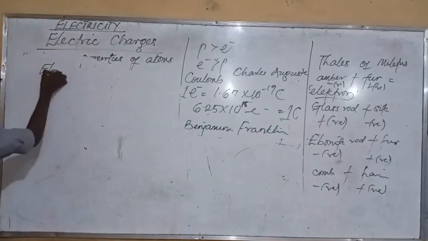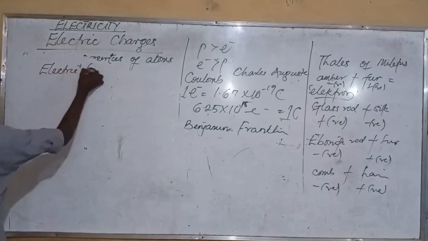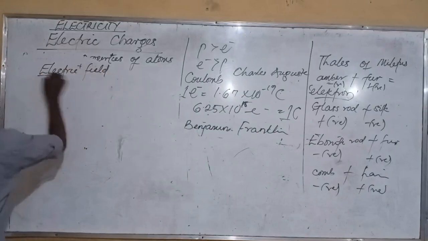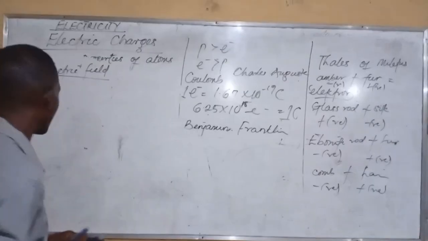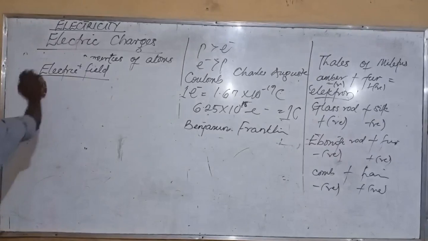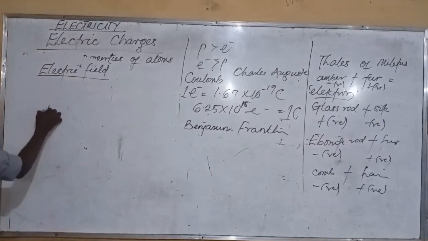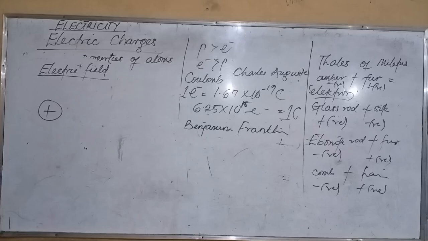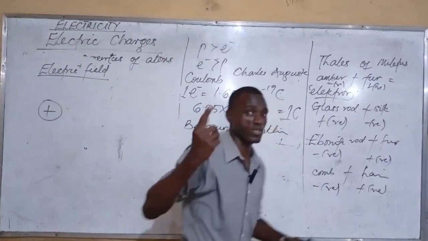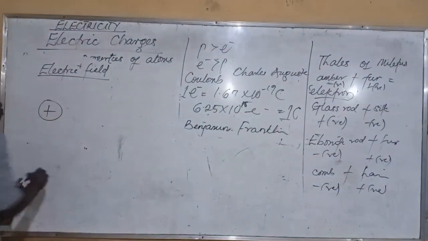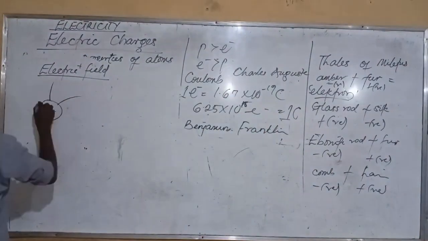The electric field. A point positive charge, for example, is going to have an electric field surrounding it. Since we said that a positive charge wasn't discovered to be the one attracting substances to itself, it means that it's probably repelling substances away from it.